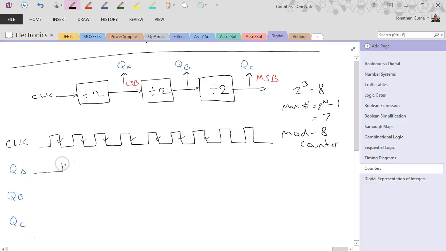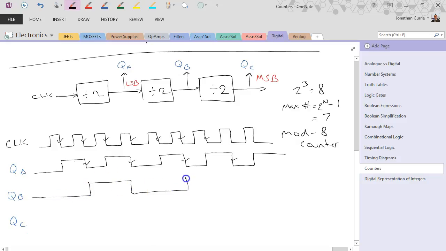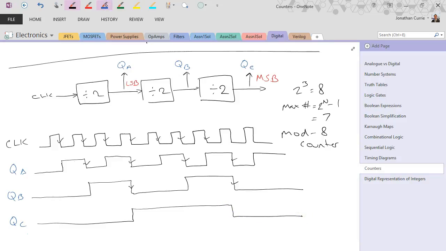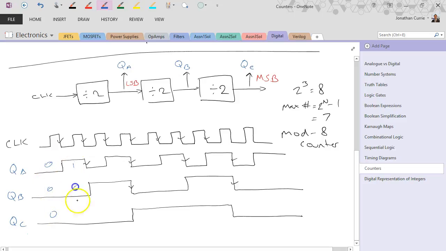So toggle, falling edge, toggle, toggle, toggle, toggle, toggle, toggle. So straight away we see that divide by 2 behavior. The frequency has halved. Following the falling edges along again, toggle, toggle, toggle, toggle. Following our falling edges, toggle, toggle.